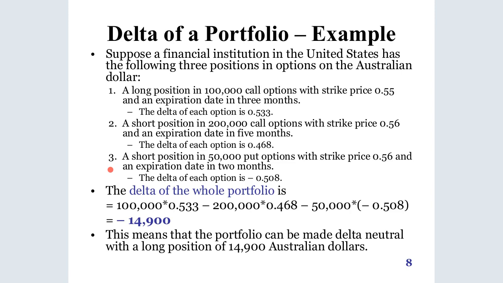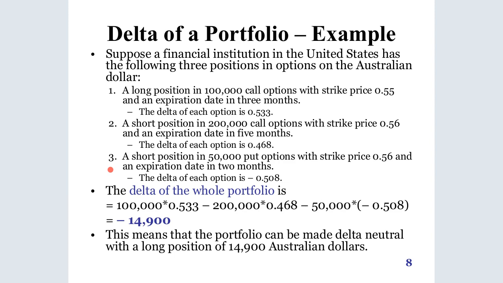So let me show you one simple example of how it happens. Let's say somebody in the US has the following three positions on the Australian dollar. A long position in 100,000 call options with a strike price of 0.55 and expiration date in 3 months. Delta of each option is 0.533.